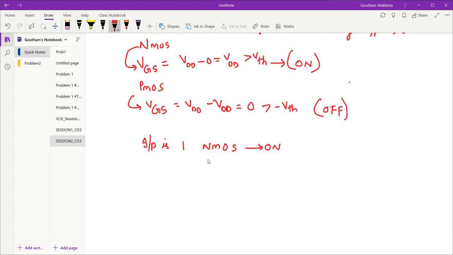And when the same input is 1, the PMOS transistors are in the cutoff region. This type of understanding will now help us create all the other gates that we have learned in the earlier session using our CMOS logic style.